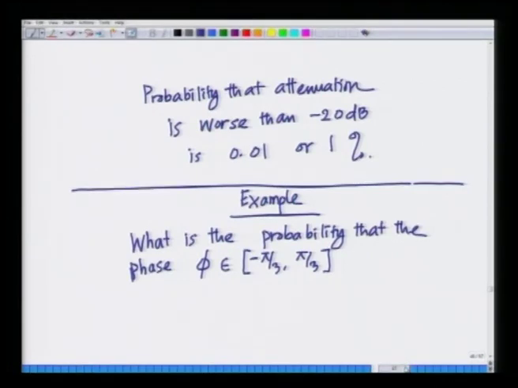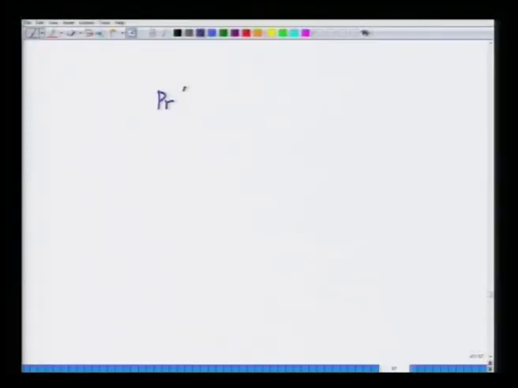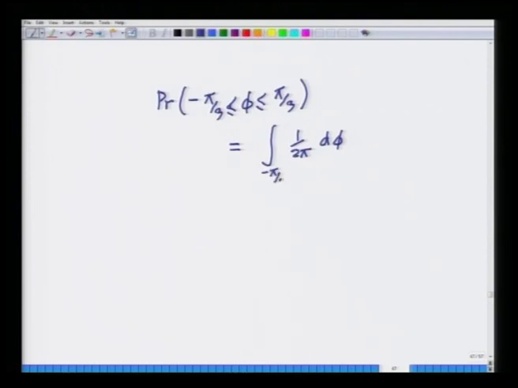As we have seen earlier, the phase follows a uniform distribution, 1 over 2 pi between minus pi to pi. So, the probability that the phase lies between minus pi by 3 to pi by 3 is simply the probability that minus pi over 3 is less than or equal to phi less than or equal to pi by 3, which is the integral of the marginal 1 over 2 pi d phi between the limits minus pi by 3 to pi by 3.